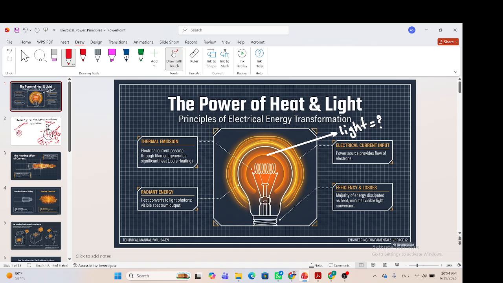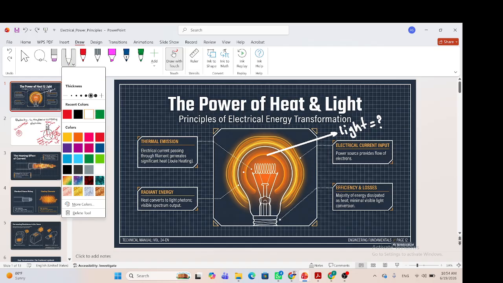For example, from this point that we have here, this wire doesn't let the electricity move. Let me write with a different color to be clear.